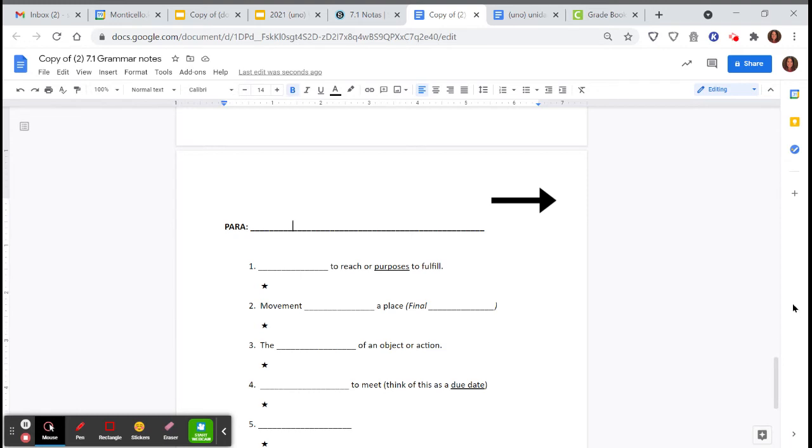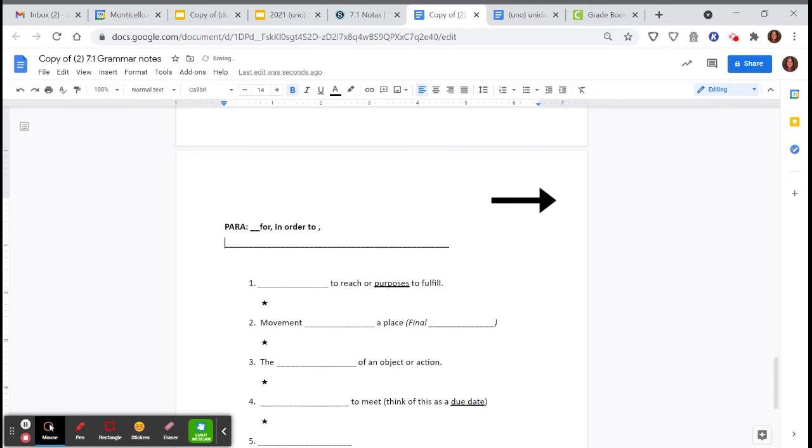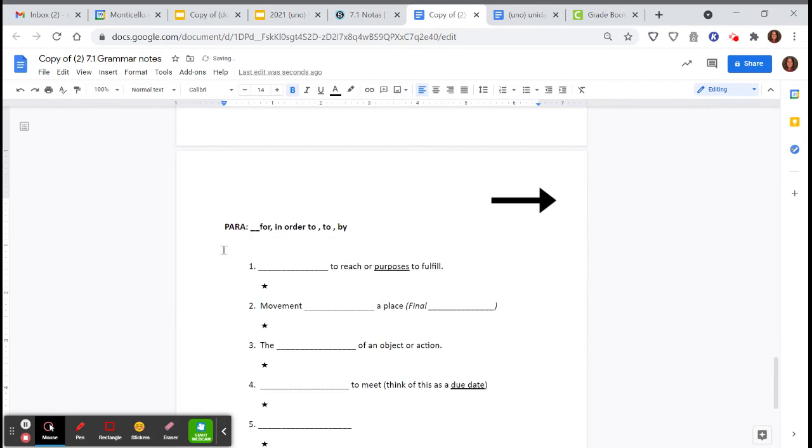Okay, so now let's look at para. So para can mean the following. We have for, in order to, by. Okay, so the first one, uno, we have goals to reach or purposes to fulfill.